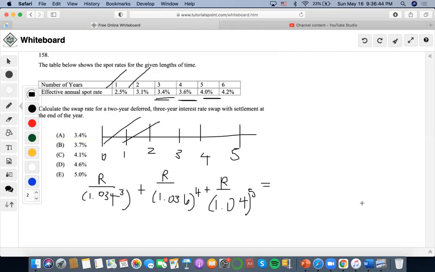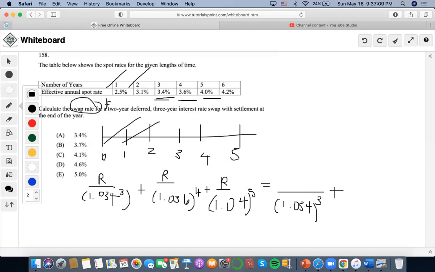Now, the other part of the equation is that we want to use the floating rate, right? This is the floating rate side. So again, we're going to bring these spot rates over to the other side first. And remember, they're asking for the swap rate. What does that mean?